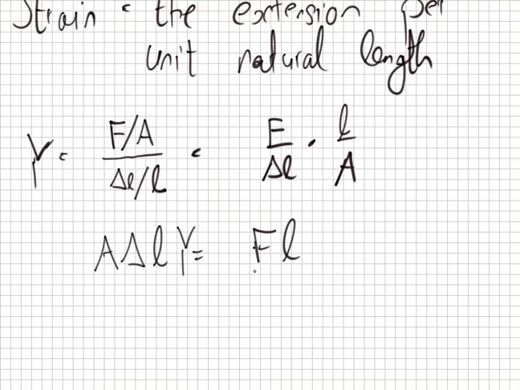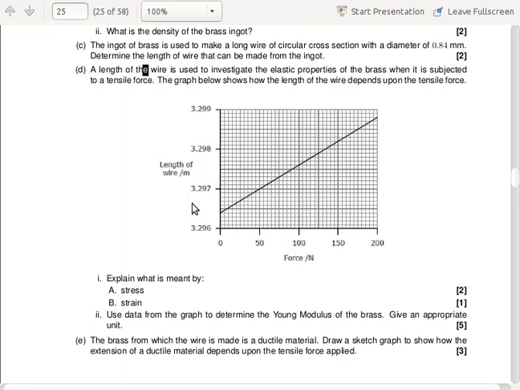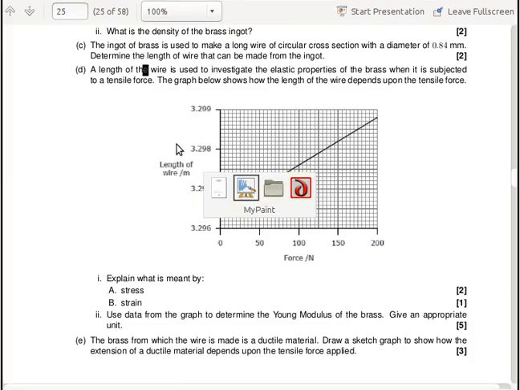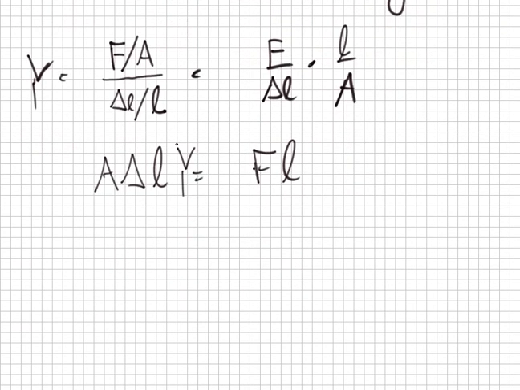Oh, well actually, hang on. That length there, sorry, that's not the L. The L, remember, is the natural length. It's the beginning length. In fact, this length here is the total length. And the formula for the total length is L plus delta L. So we have to do a bit of rearranging here.